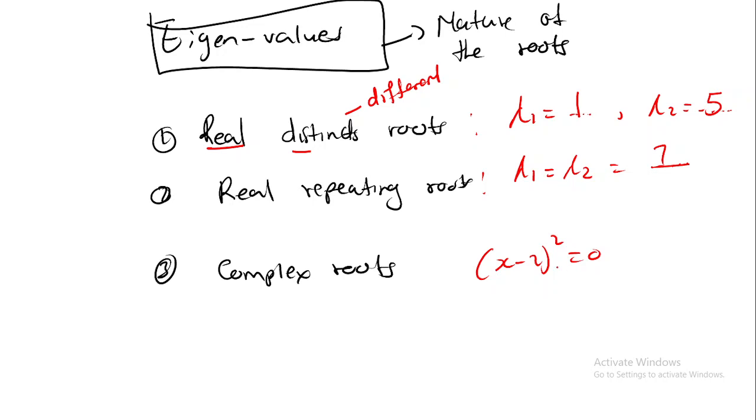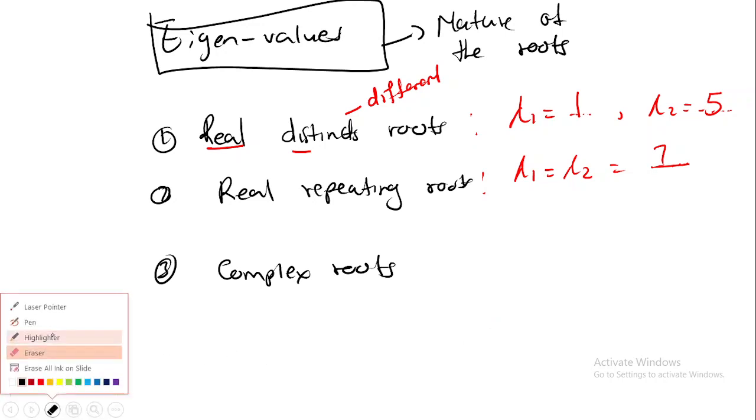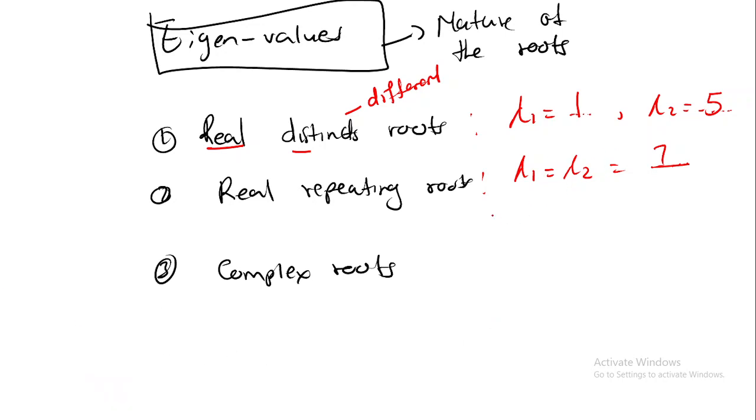You can see the roots are the same: x equals 2 or x equals 2. We say these roots are real and repeating because x1 is 2 and x2 is 2. That's why here we have lambda 1 equal to lambda 2, and in our case we made an example with 7.